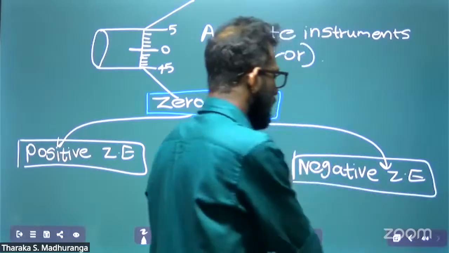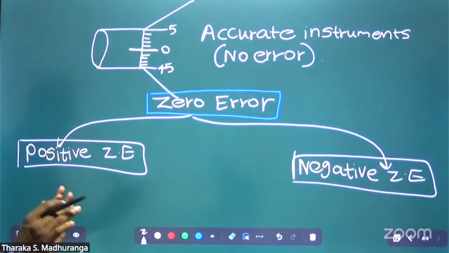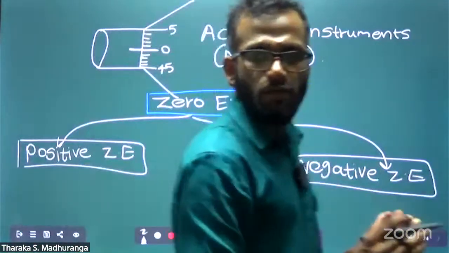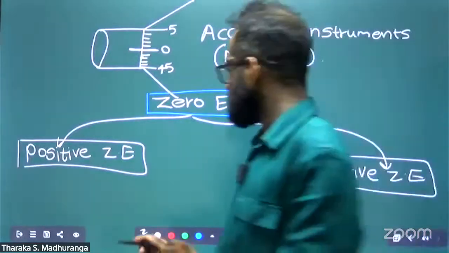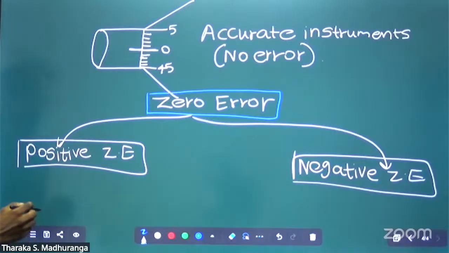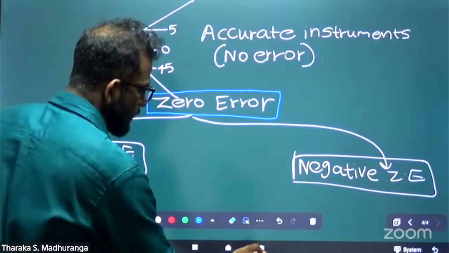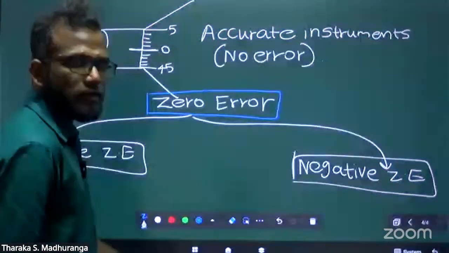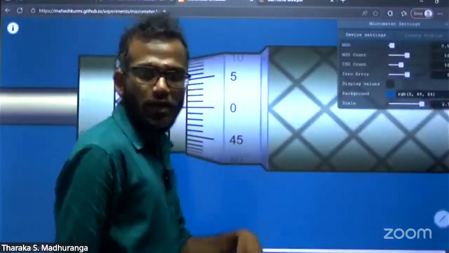Now we're going to discuss what the positive zero error of the micrometer screw gauge is. It is like this. I'll show you this one and go to the whiteboard again.